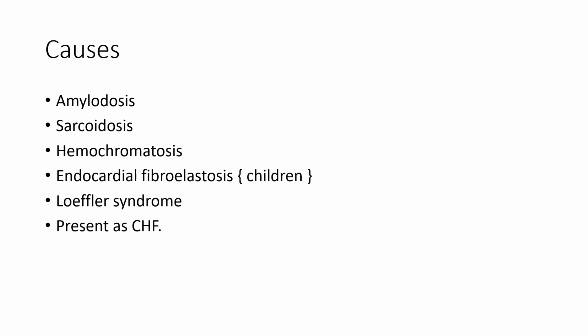Third is hemochromatosis, in which the iron buildup in the ventricle is too much, causing decreased compliance. Fourth is endocardial fibroelastosis, which is especially seen in children. Fifth is Loeffler syndrome. All of this presents as congestive heart failure.